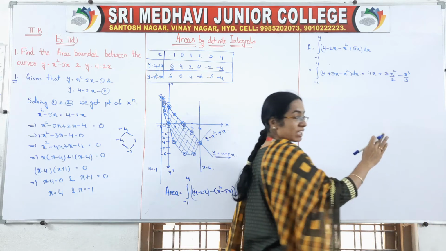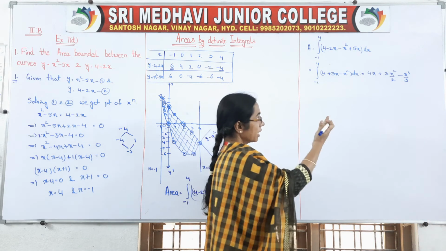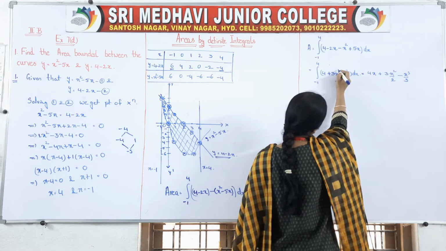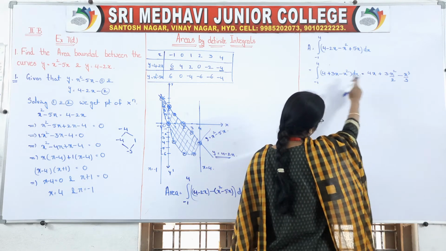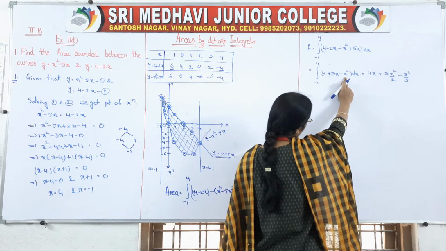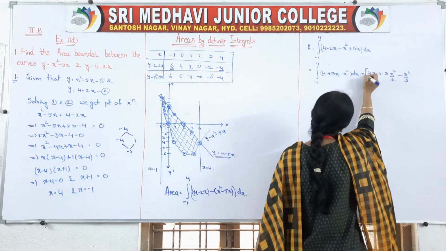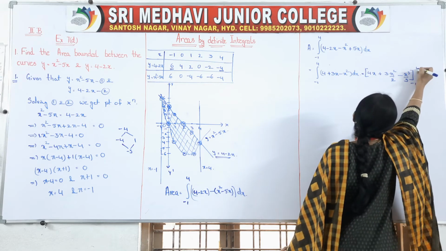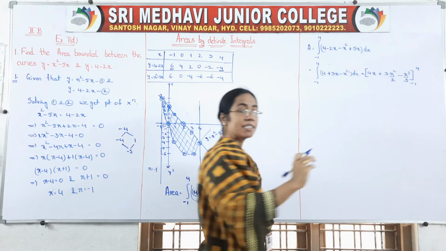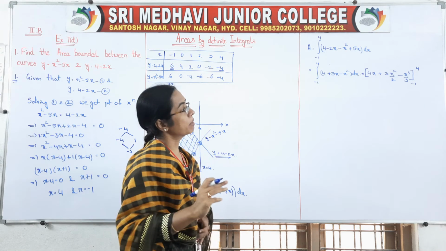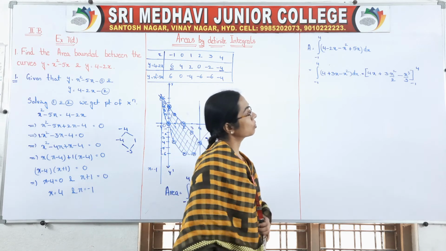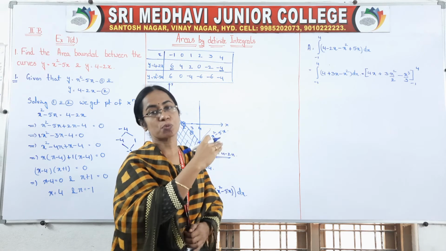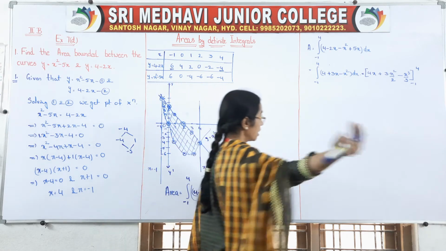Now you are perfect with the integral formulas. 4 into integral dx is x, right. 3 into integral x to the power of 1 means x square by 2, minus integral x square is x cube by 3. So for this we have to substitute minus 1 to 4. Right side we have to write the limits. After that we have to substitute first the upper limit, then we have to substitute the lower limit, right.